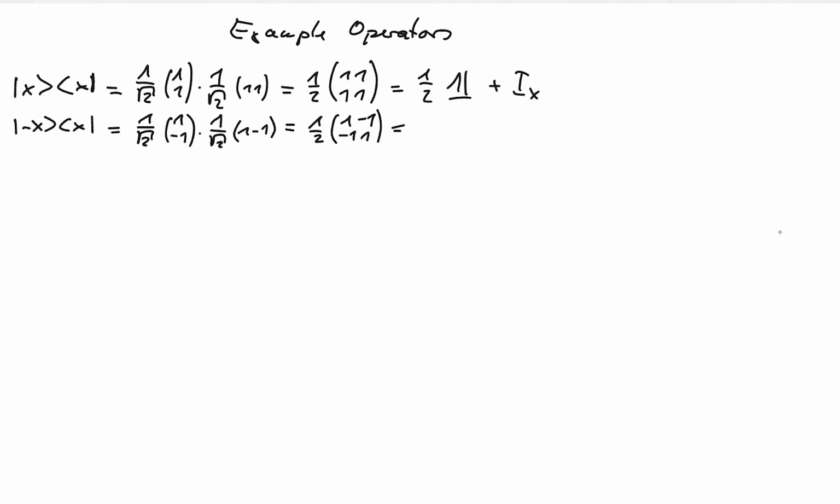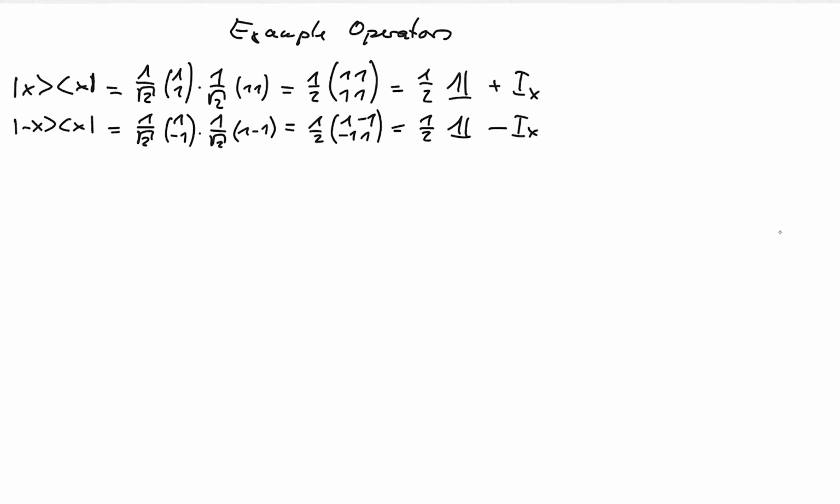And this is again 1/2 times the unit matrix, and now minus Ix. So we get the result that the wave functions for x and minus x result in matrices where the operator for minus x has simply the opposite sign of the Ix operator.